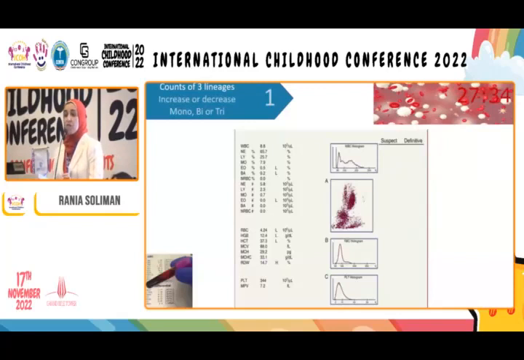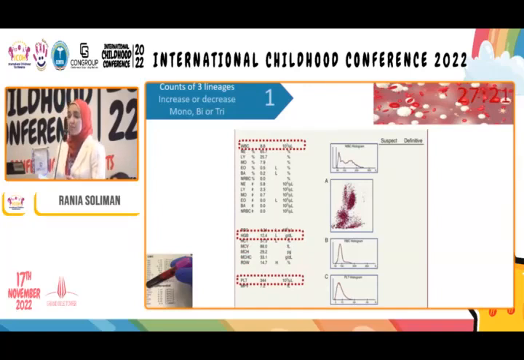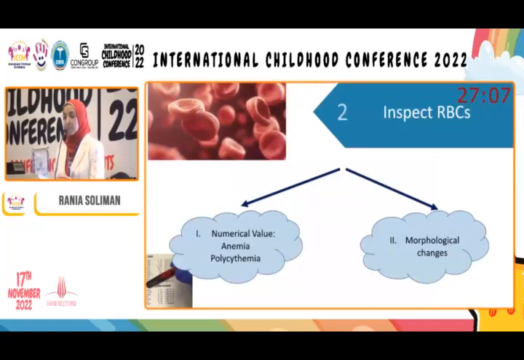The first step is to look at the counts of the three lineages, the white blood cells, the red cells, and the platelets, and to detect whether there is an increase or decrease in the numbers. And what is important, you need to know whether there is a mono-lineage abnormality or an abnormality in bi-lineages or in tri-lineages. Number two, you need to look at the RBC indices.